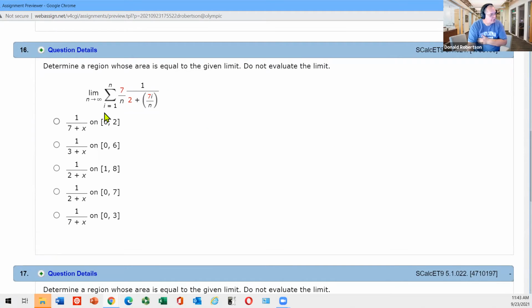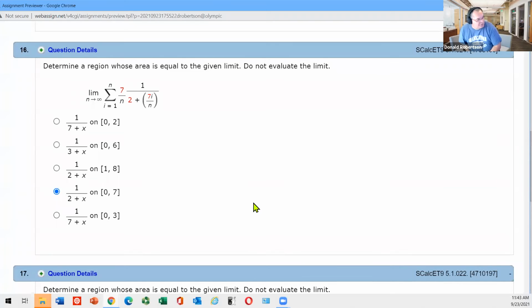It's 1 over 2 plus an ugly thing. That's actually a clue. One over 2 plus an ugly thing. So that 7i over n is the x. So it's either that one or that one.